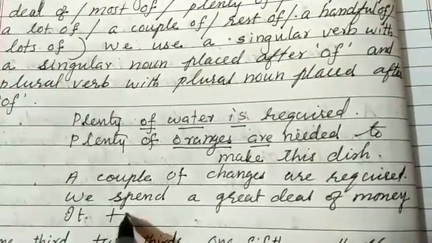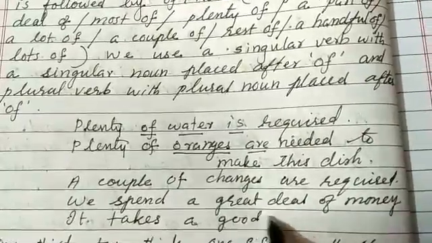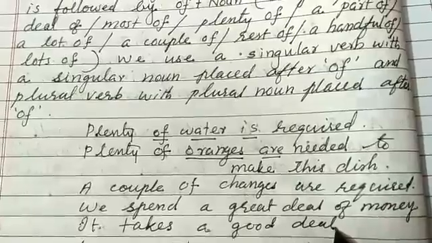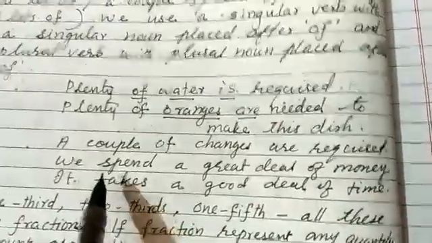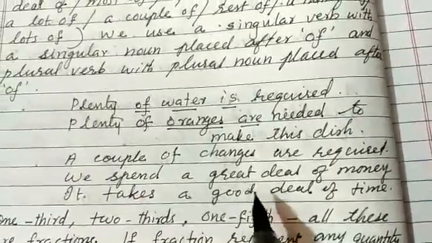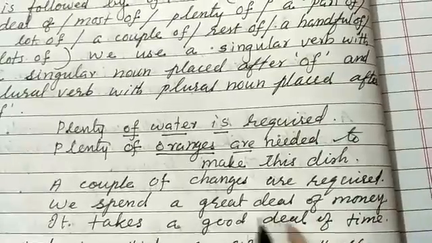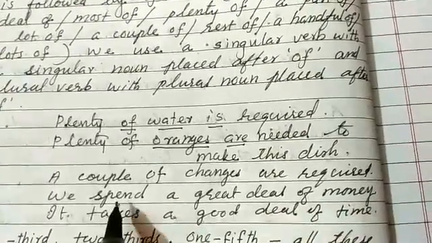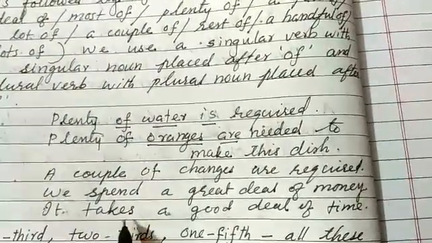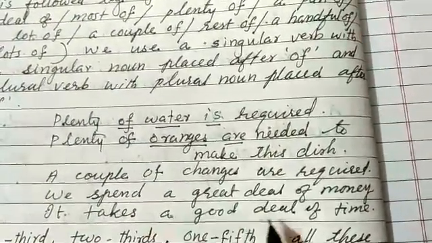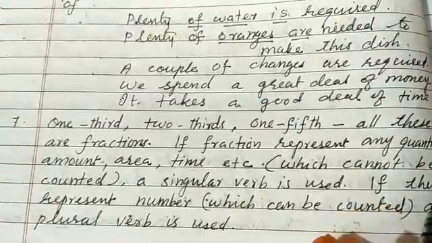It takes a good deal of time. So we can say a great deal of money. Okay, so here we have used a plural verb. It takes a good deal of time.